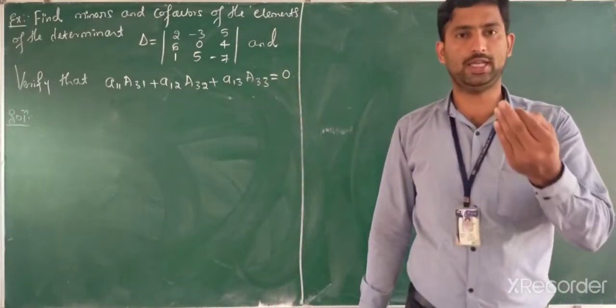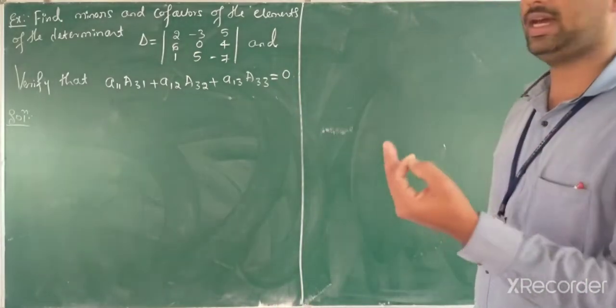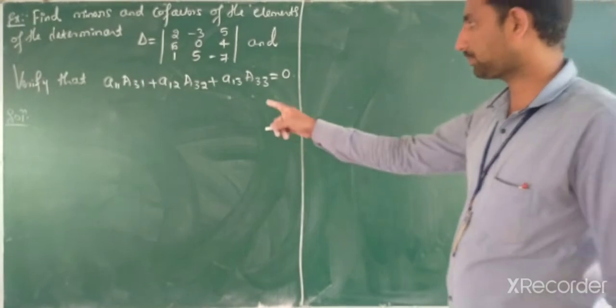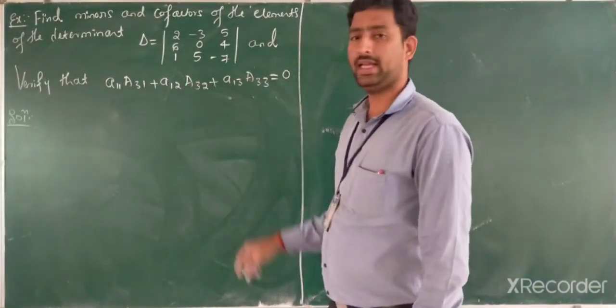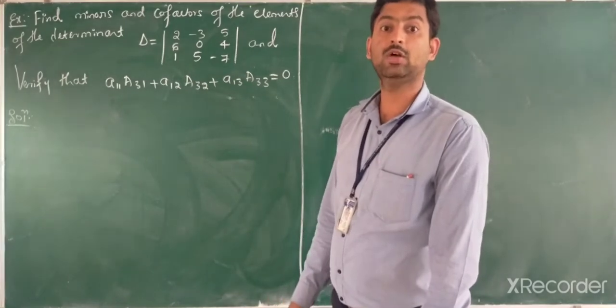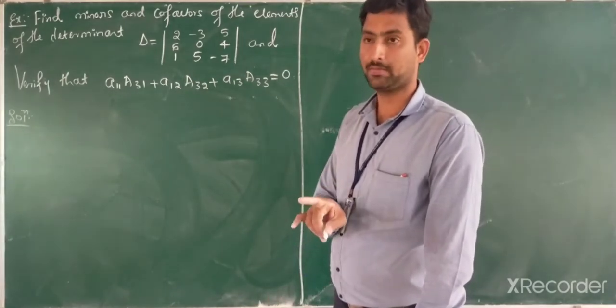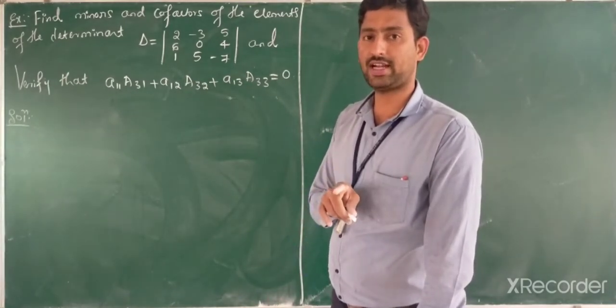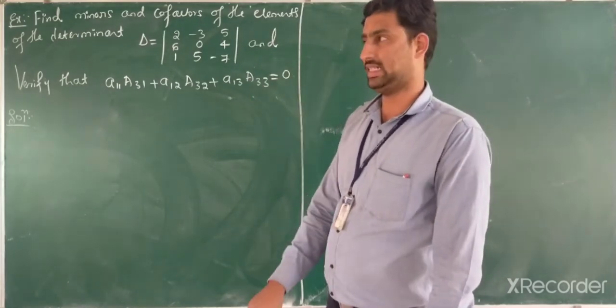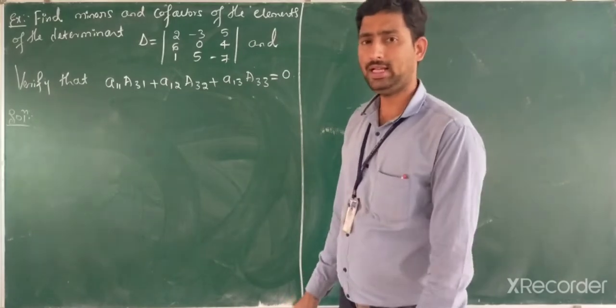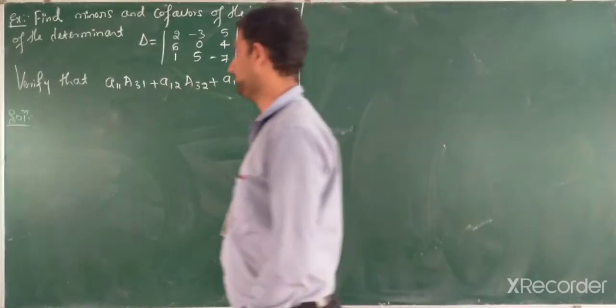Small a11, a12, a13 are nothing but elements. Then what are the capital A's? Yes, those capital A's are nothing but cofactors, not minors. But what is our knowing factor? Before finding the cofactor, our job is to find minors, and then we apply the suitable signs.